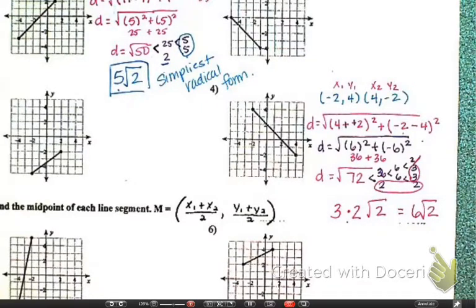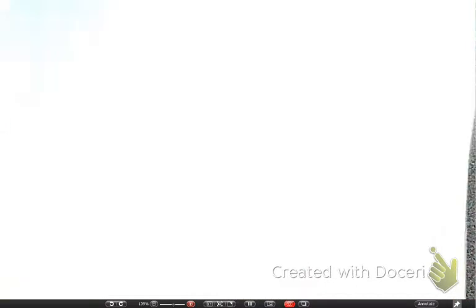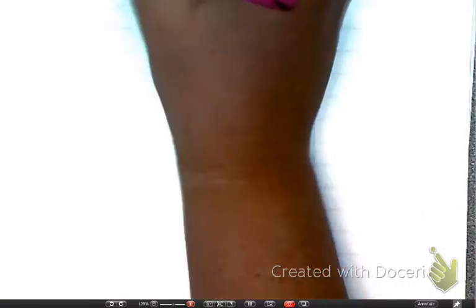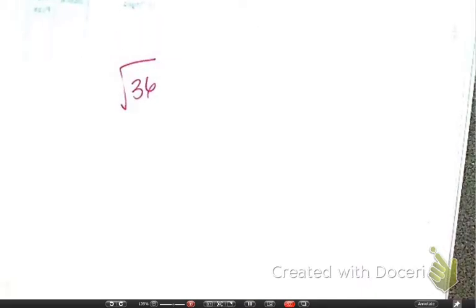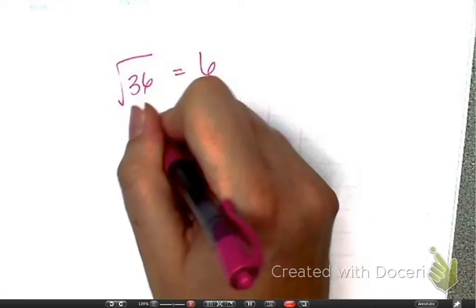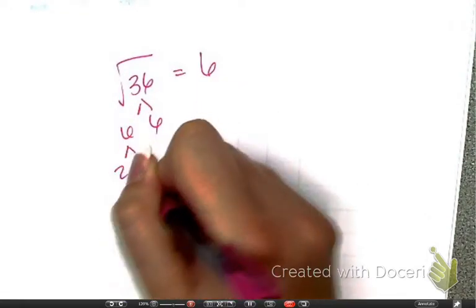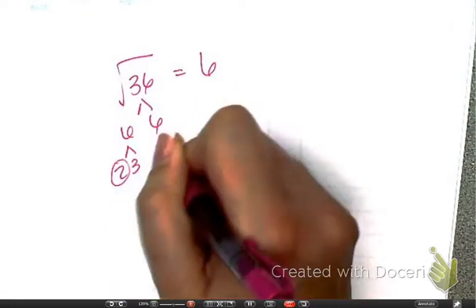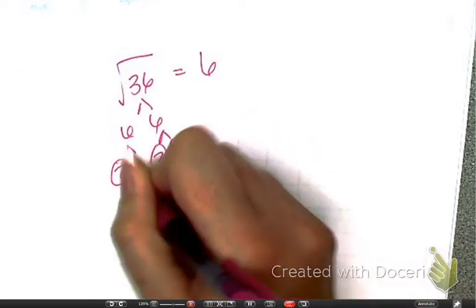Okay, so if you have an equal number of pairs. So watch real quick. This is where you're going to get an equal number of pairs. Do you know what the answer is without me doing any work? Yeah. 6, right? But if I break it down, I have a pair of 2s and I have a pair of 3s.